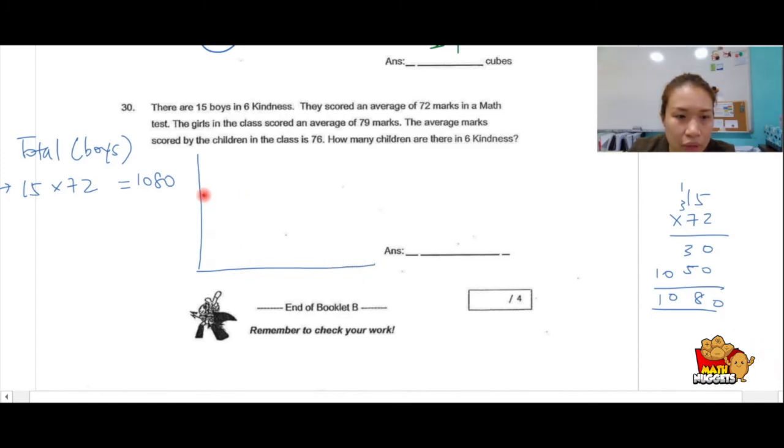So over here we know that this is 72, and we have 15 boys. The total here is 1080.